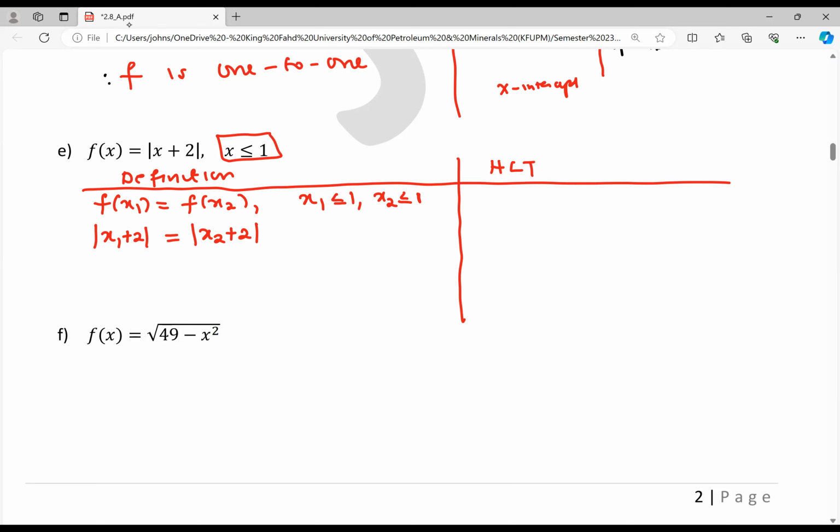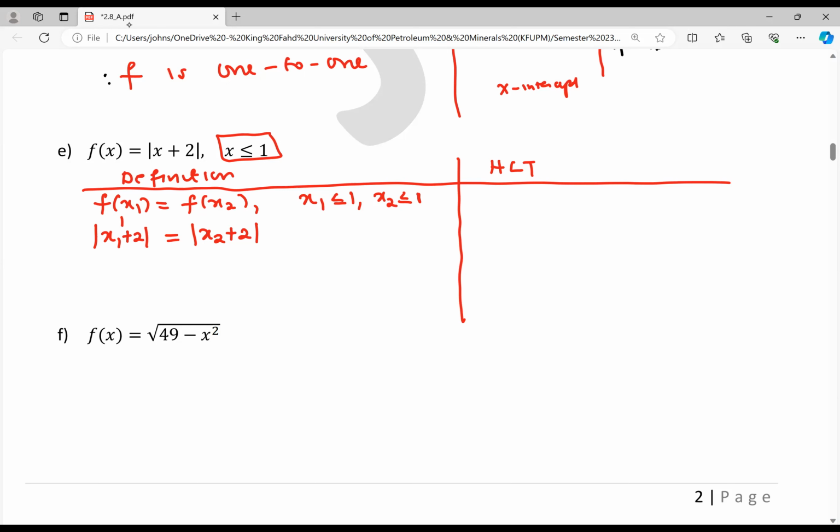Take any number less than 1. For example, you can take 0. Yes, it's less than 1. It means that here would always be what? Could it always be positive, or could it be negative at some point?